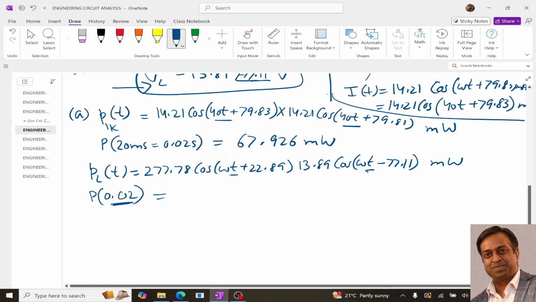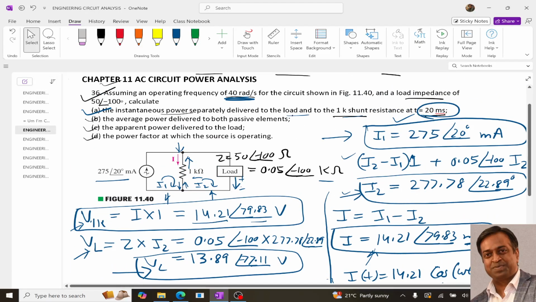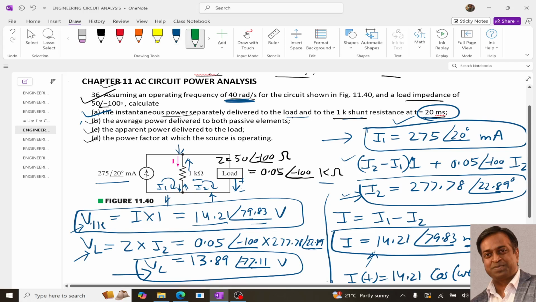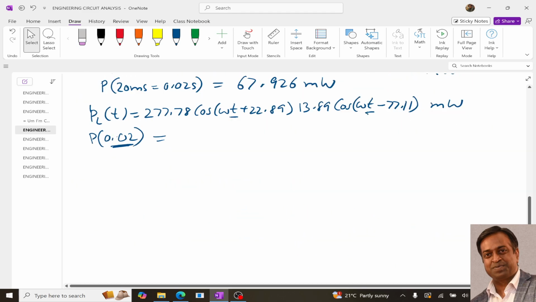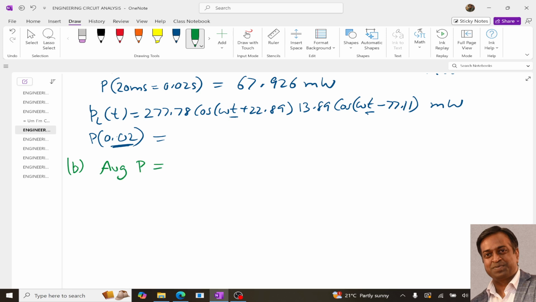Right, now coming to the B part, the average power delivered to both the passive elements. Now for the average power, we know the average power is given as half Vm Im cos theta, where theta is the angle between the voltage and the current, with voltage leading the current.